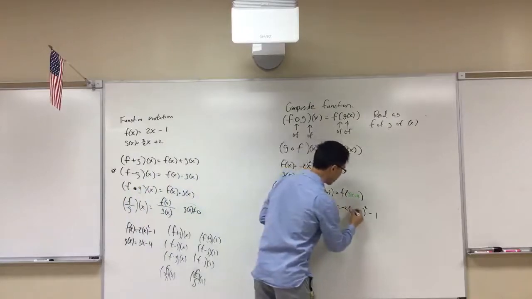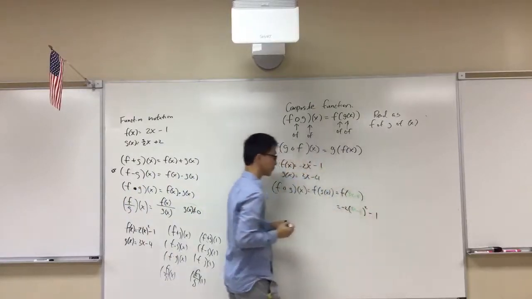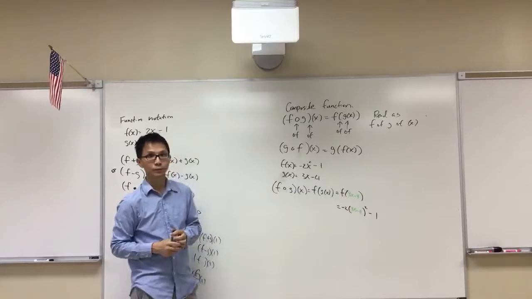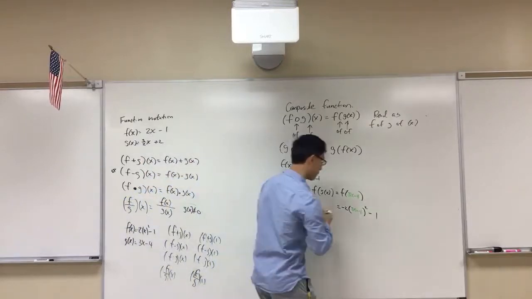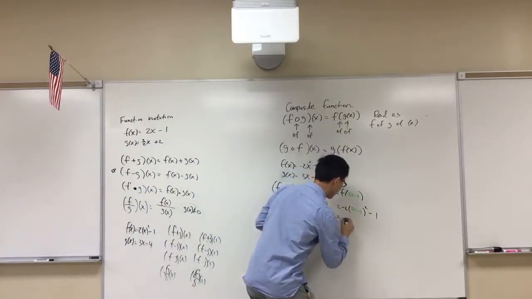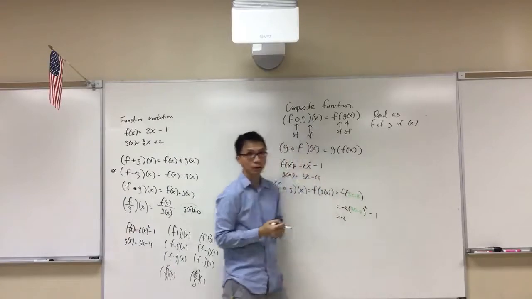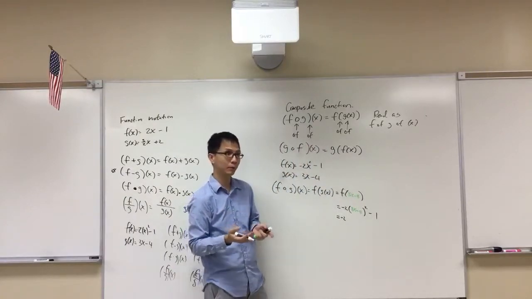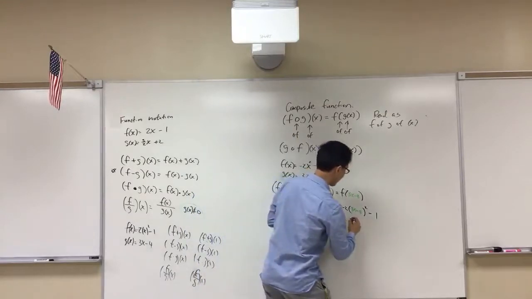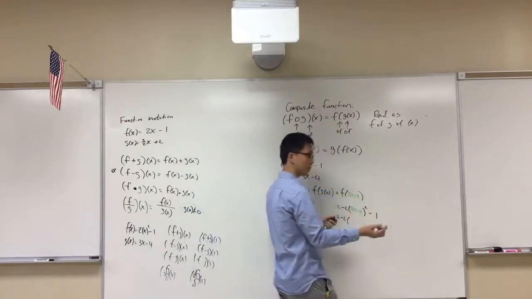So it'll be 3x minus 4. Going too fast? No? That's equal to negative 2 times 3x minus 4 times 3x minus 4.